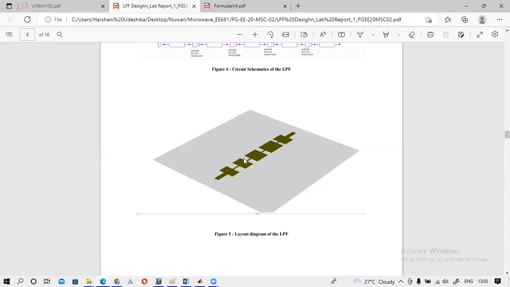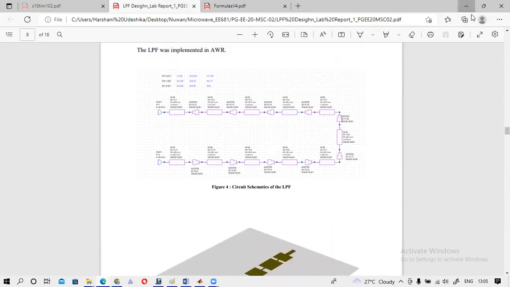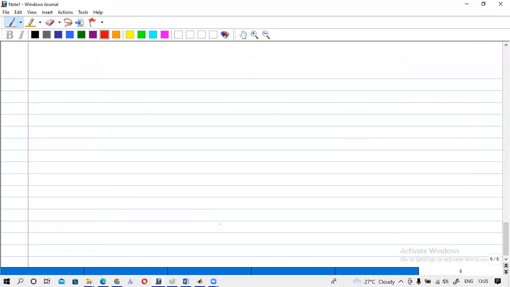This is the inductor. This is the second capacitor. This is the inductor. Third capacitor, inductor. Fourth capacitor, inductor. The last capacitor, and this is the transmission line. So this kind of design you will get. So we have designed that one also.